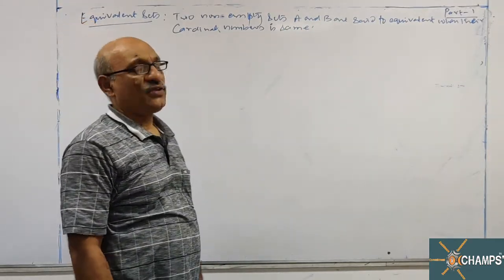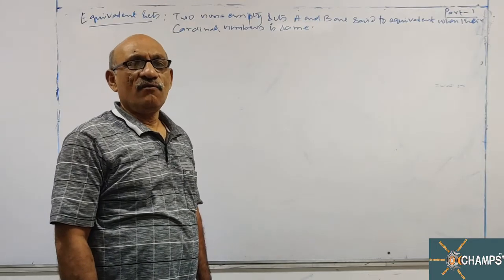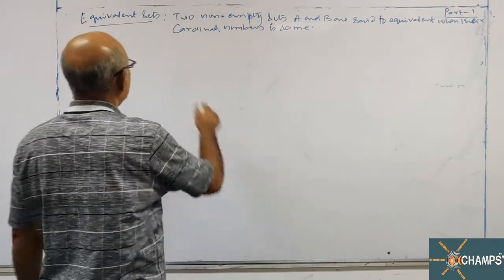Otherwise you can say two sets A and B are said to be equivalent when they have equal number of elements.